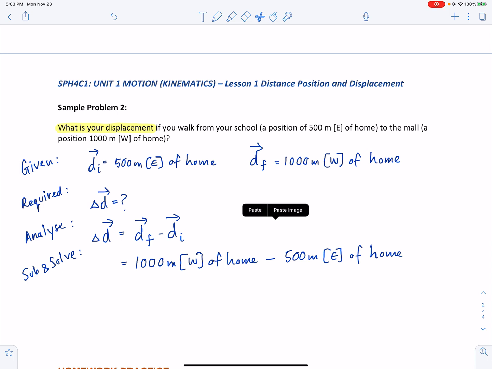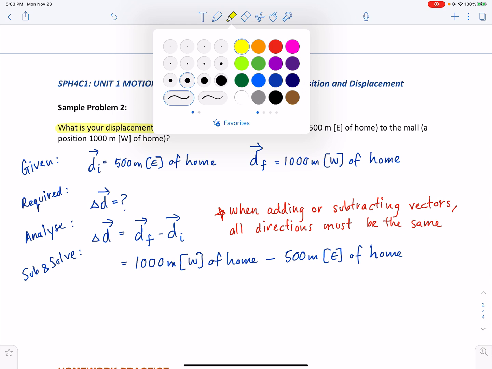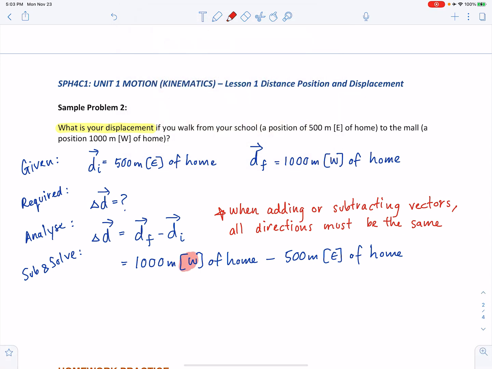So the same has to be true here. When adding these together, they must be in the same direction. Here we have west, and here we have east. We have to either express both of these as west or both of these as east. So how do we do that? Well, here's a trick.